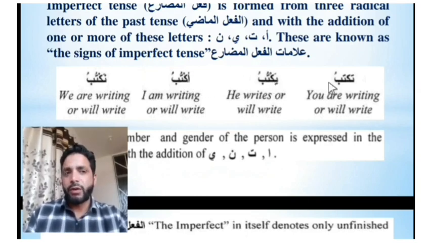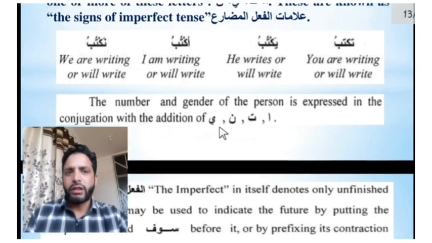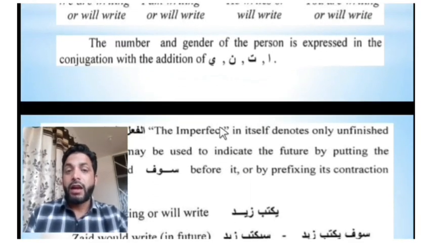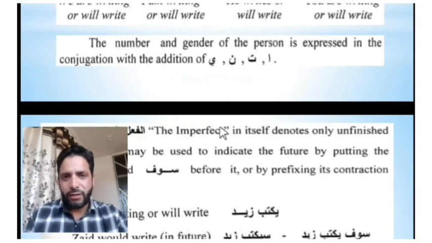Yaktubu, this ya is alamat al-mudari. Taktubu, this ta is alamat. So all these four letters we find in these four verbs: noon, alif, ya, ta. Taktub, yaktub, aktub, naktub. These four letters are called alamat al-mudari, or signs of fi'l mudari.